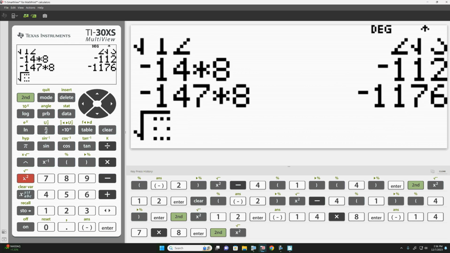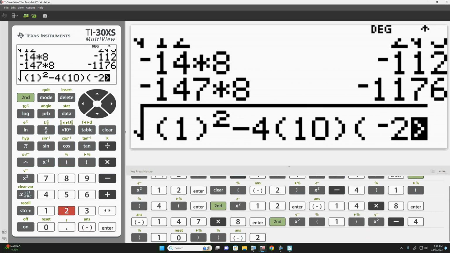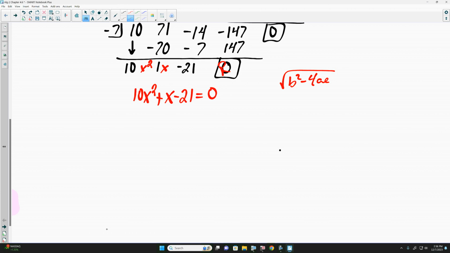Square root of 1 squared minus 4 times 10 times -21 is 841, the square root of which is 29. That is an integer, which means that's factorable. Third term's negative, so our signs are opposite.